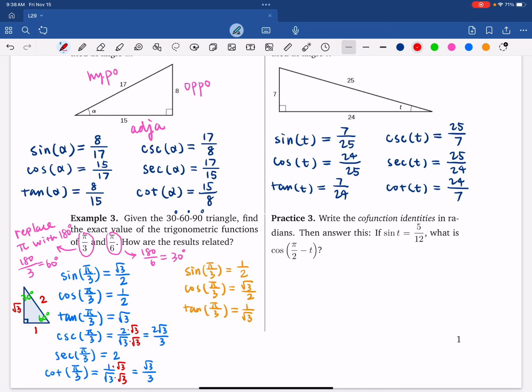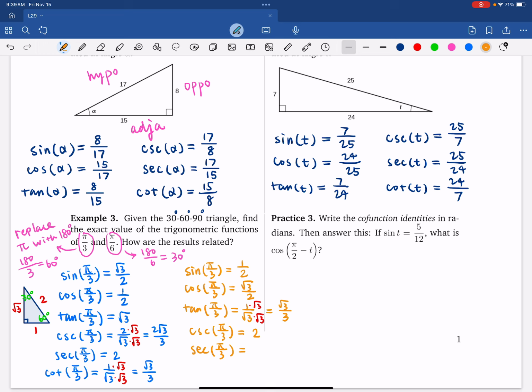And then we're going to rationalize this number. Multiply both the top and bottom by radical 3. We obtain radical 3 over 3. And then we write down the other 3 trig functions. So you have cosecant of pi over 6. It's the reciprocal of sine, so that would be 2. And then we have secant of pi over 6.